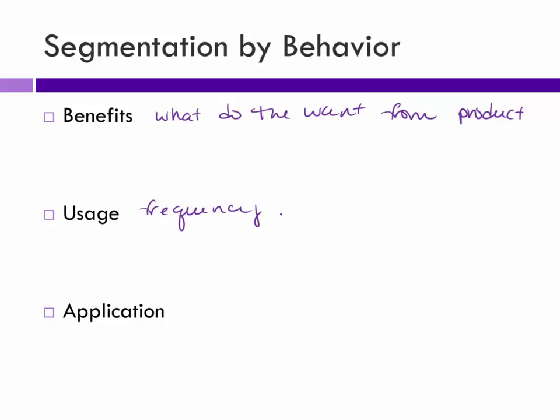And so the usage, the frequency and the timing of it, it was just Easter. Now they come out with Peeps for every holiday. Or orange juice, it's just mostly in the morning, and they had a whole campaign, it's not just for breakfast anymore. So sometimes we segment these things by how and when people use them. Application is the ways they use the product.